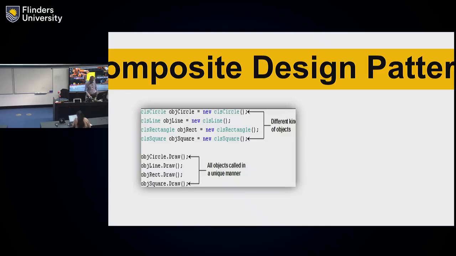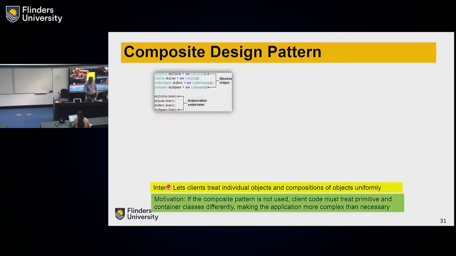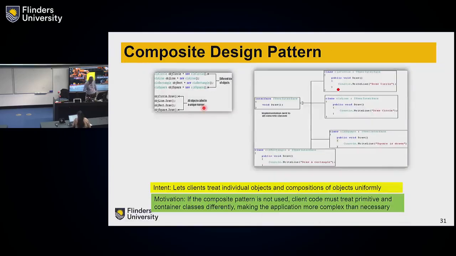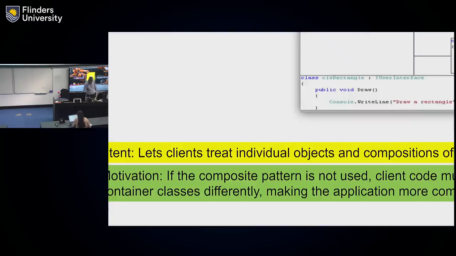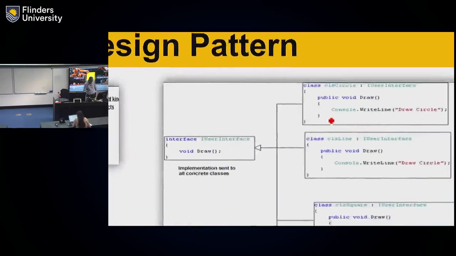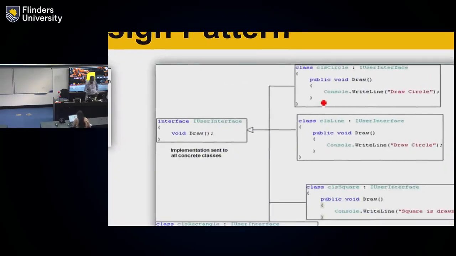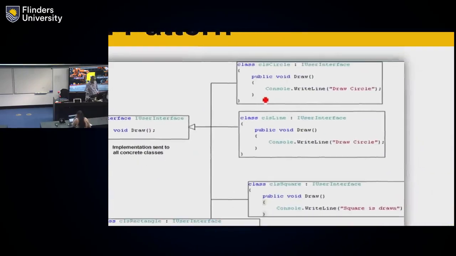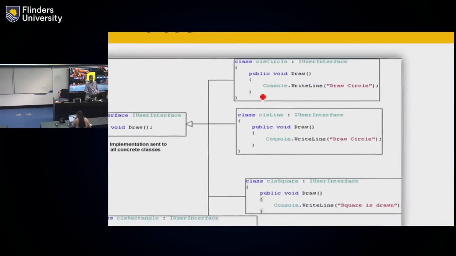So polymorphism provides us a solution over here. What we can do is define an interface, a user interface. All the shapes that we have in our canvas, in our system, can implement that interface.